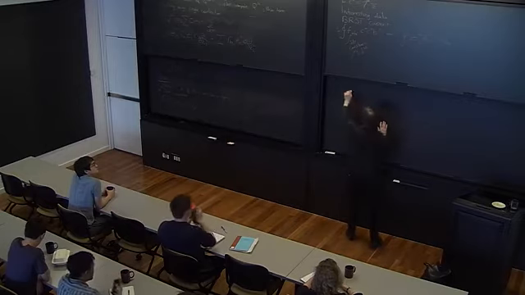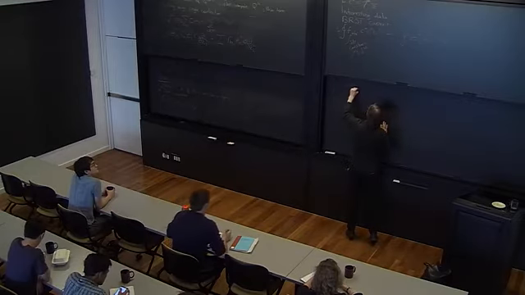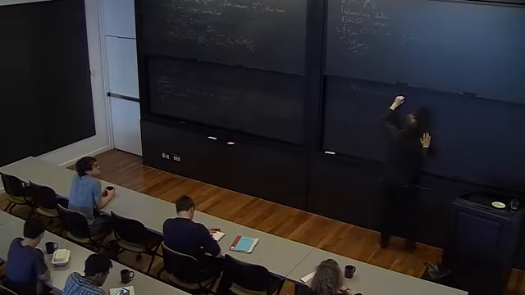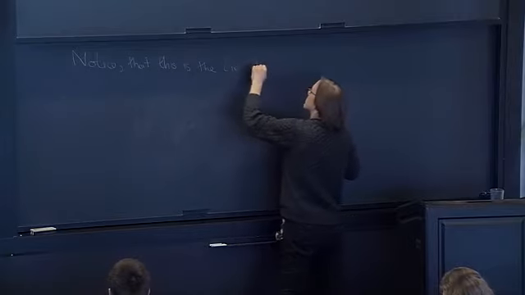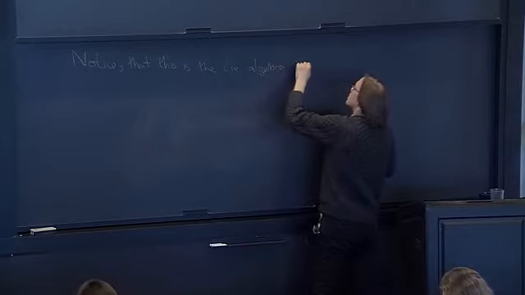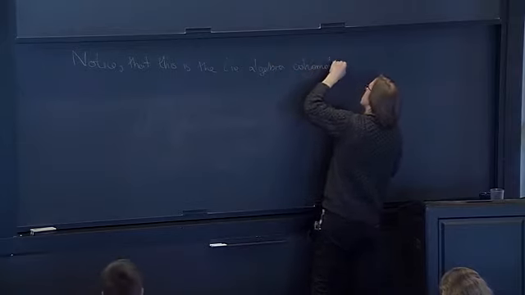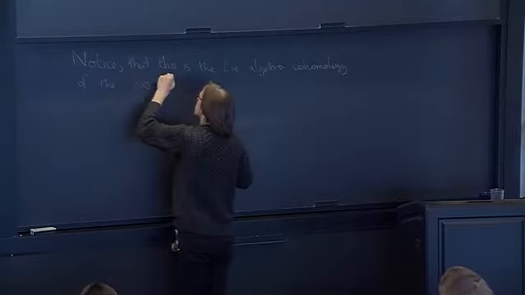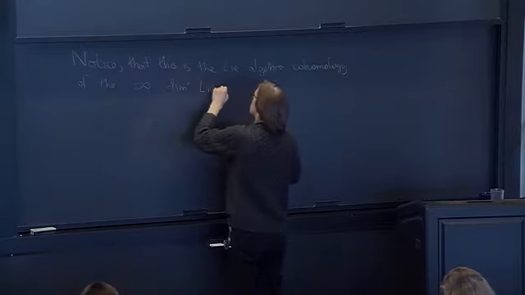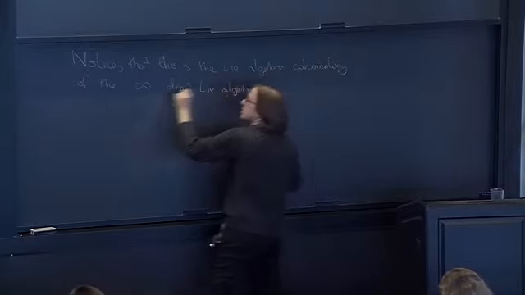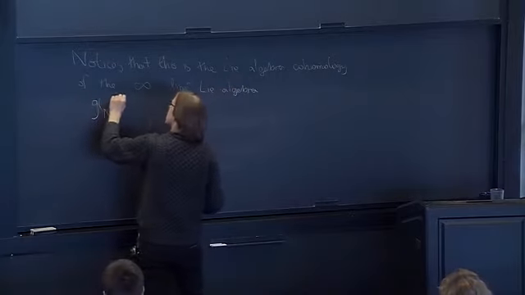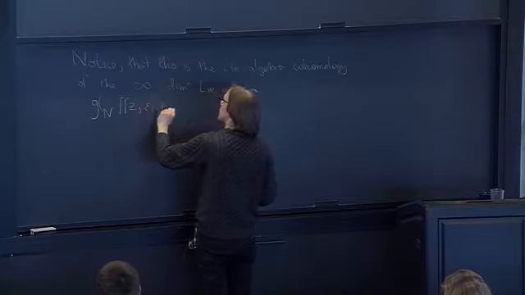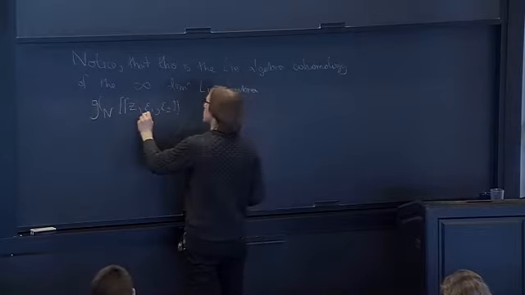First, to rewrite that, we notice that this is the Lie algebra cohomology of the infinite dimensional Lie algebra GLN, like n by n matrices whose entries are series in 3 variables, one of which is even, and these guys are odd.